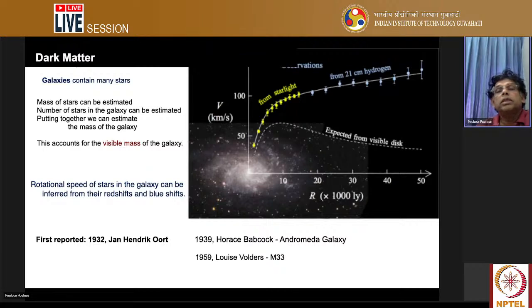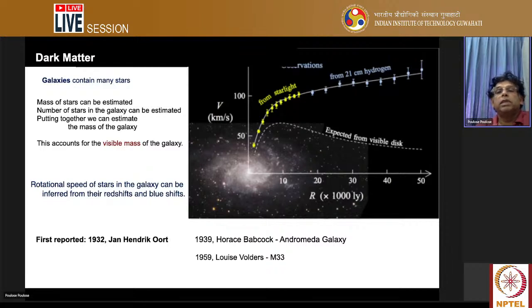The observation says that it goes on a sharp increase initially and then flattens out, but it doesn't come down. It just goes on like that. Whereas what is expected from the mass distribution that we usually expect, almost all the mass is concentrated in the center because of gravity, and as we go away from the center, the mass will come down and gradually become zero.